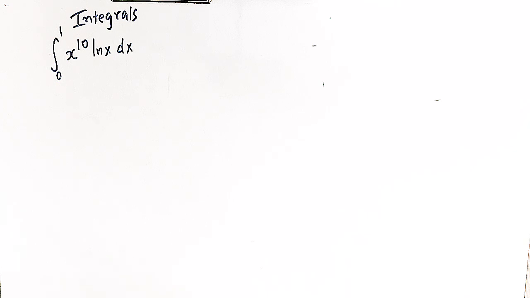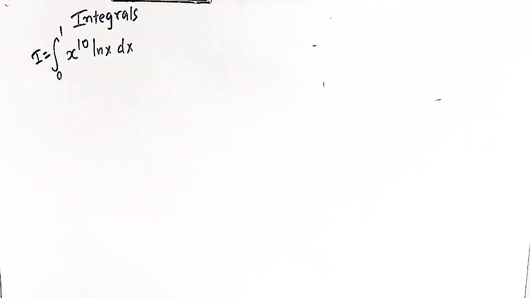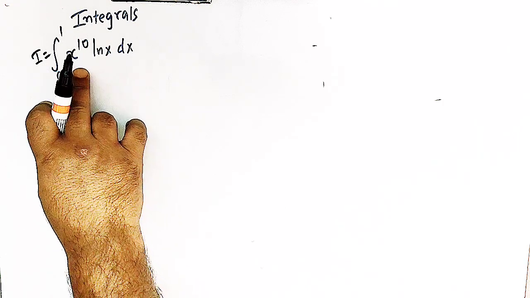We are going to evaluate this integral, say I, with the help of the concept of gamma function, using an important result from the transformation of gamma function. So let us first see how we can use the transformation of gamma function for this integral.